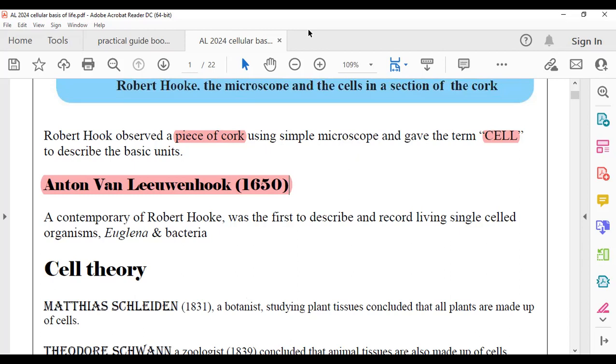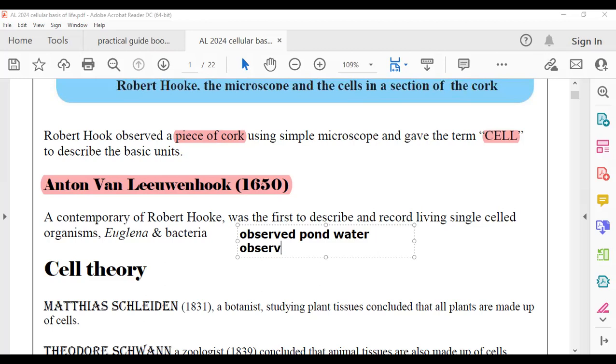What did he observe? When he observed pond water, in that pond water he observed microscopic organisms like euglena and bacteria.